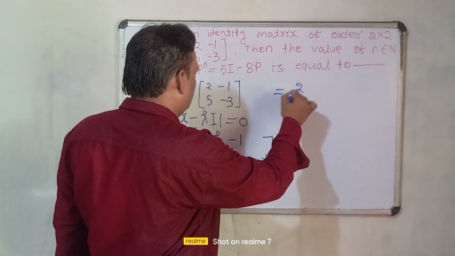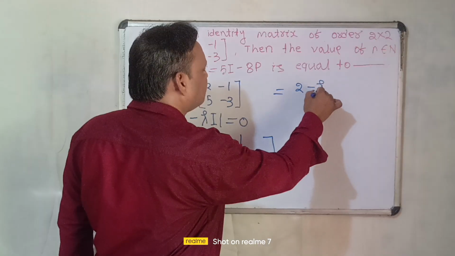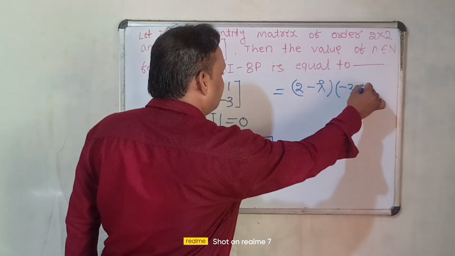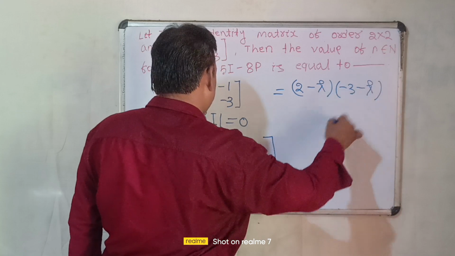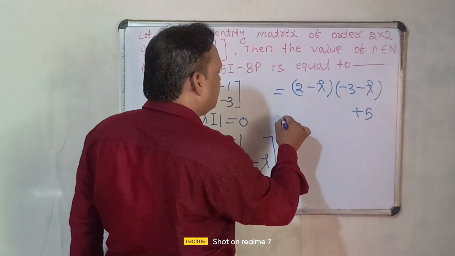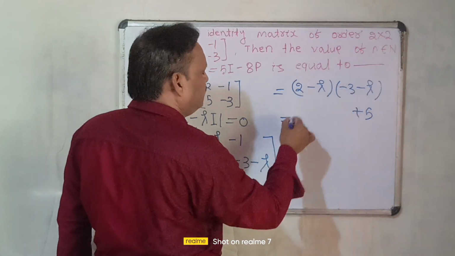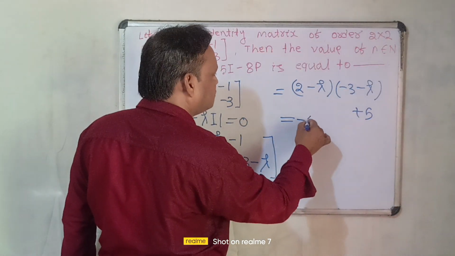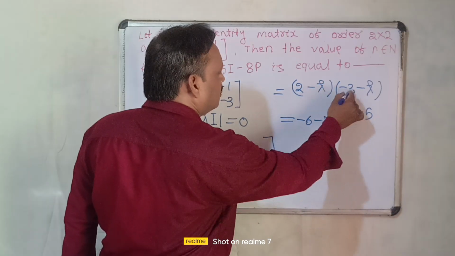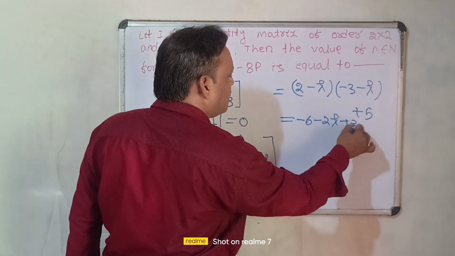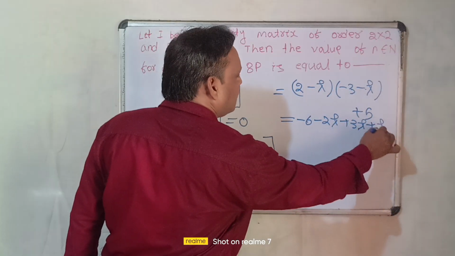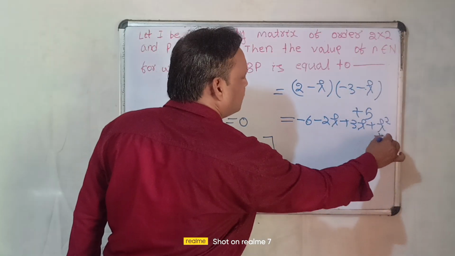(2 minus lambda) into (minus 3 minus lambda) plus 5, that is equal to 2 into minus 3, minus 6 minus 2 lambda plus 3 lambda plus lambda square plus 5.